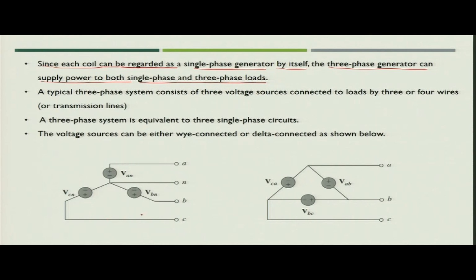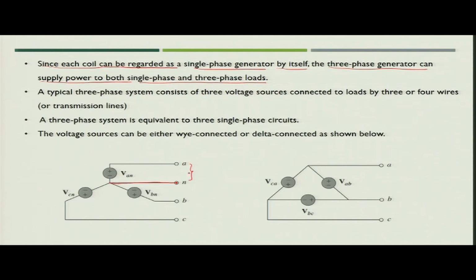In this particular figure, the generator is wound in such a way that it is star connected. In that case, phase A, phase B and phase C can be considered as three independent voltage sources, and if you have a neutral coming out of the generator, you can have three single phases created out of the three phase arrangement.